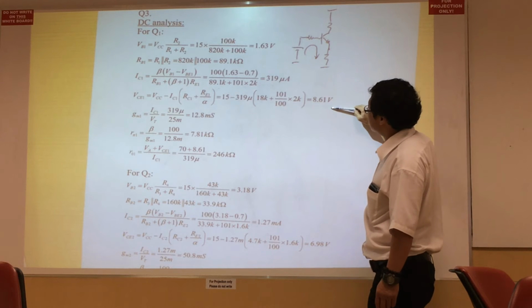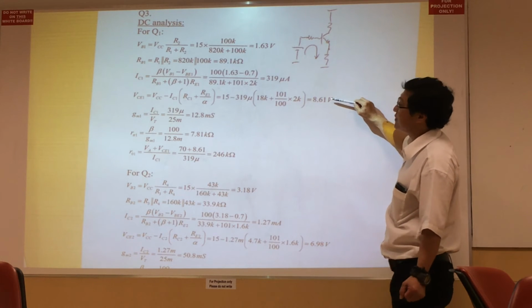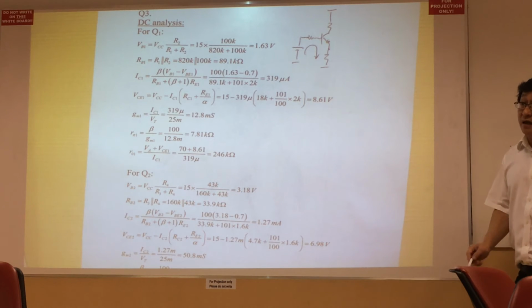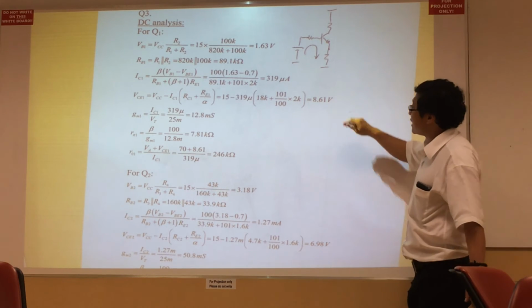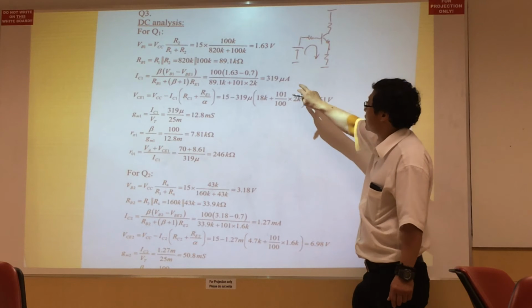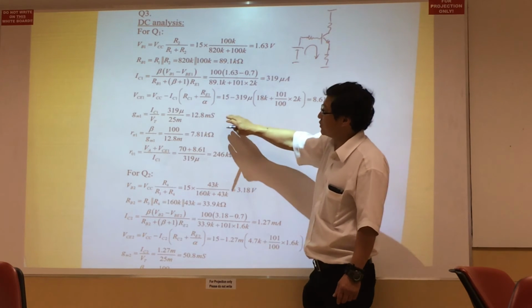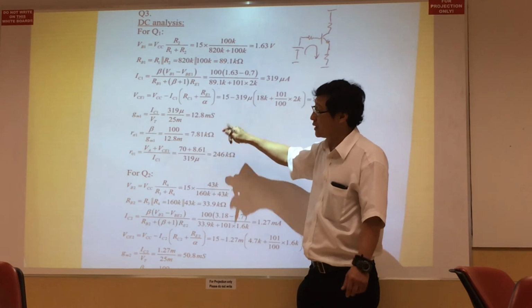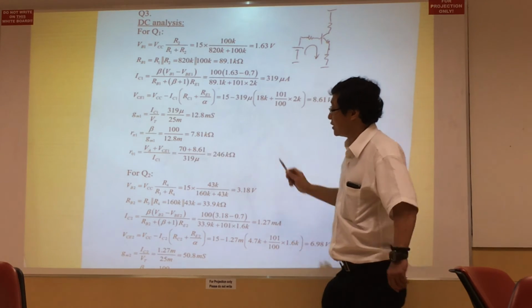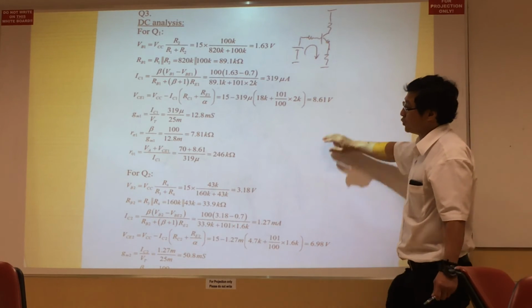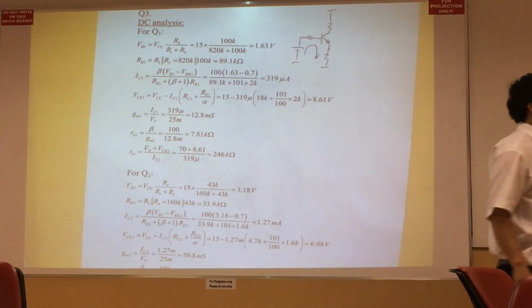VCE is found, and you see that this VCE is definitely much greater than 0.3 volt. Therefore, the transistor is in the active mode of operation. And you have your Q point. You have your IC and your VCE, your Q point. From there, you can find out your GM, your R pi, and R0. Again, these are the only formulas that you'll be given. Then you do the second stage analysis, DC analysis.